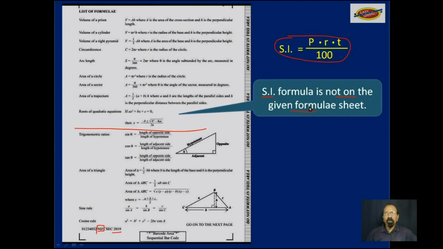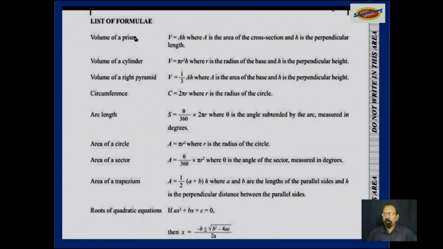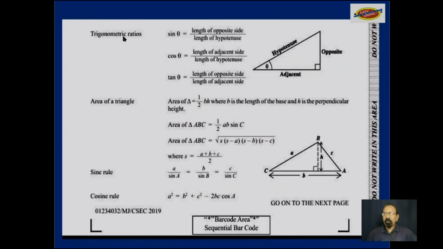Maybe because the formula is so easy, CXC expects you to learn it and know how to use it. So the first half of that formula sheet, notice there is no simple interest formula here, none. And the second half of that same formula sheet, again, there is no simple interest formula here. So I am letting you know up front that you need to learn this one and know how to use it.